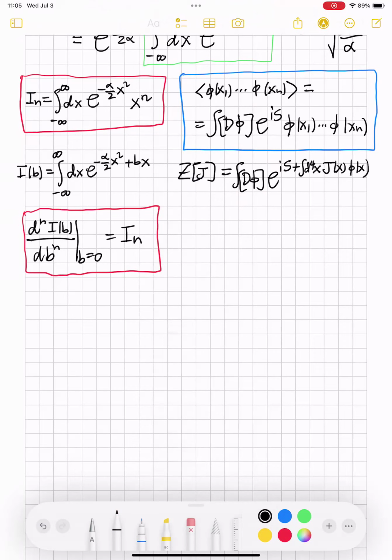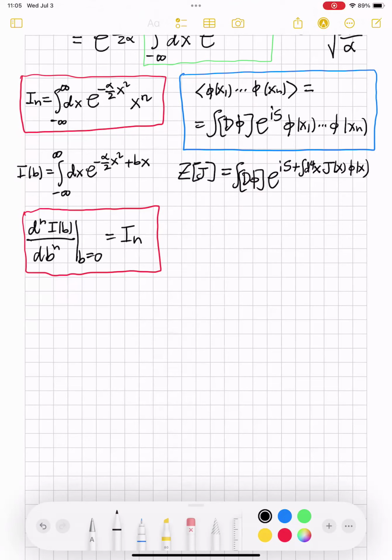J of x is some arbitrary function. It's much like b in our toy model problem, and b multiplied x, which is our integration variable. Here, J of x multiplies phi of x, and we've integrated d4x. And phi of x is our integration variable. So you really should think about Z of J as just like I of b.